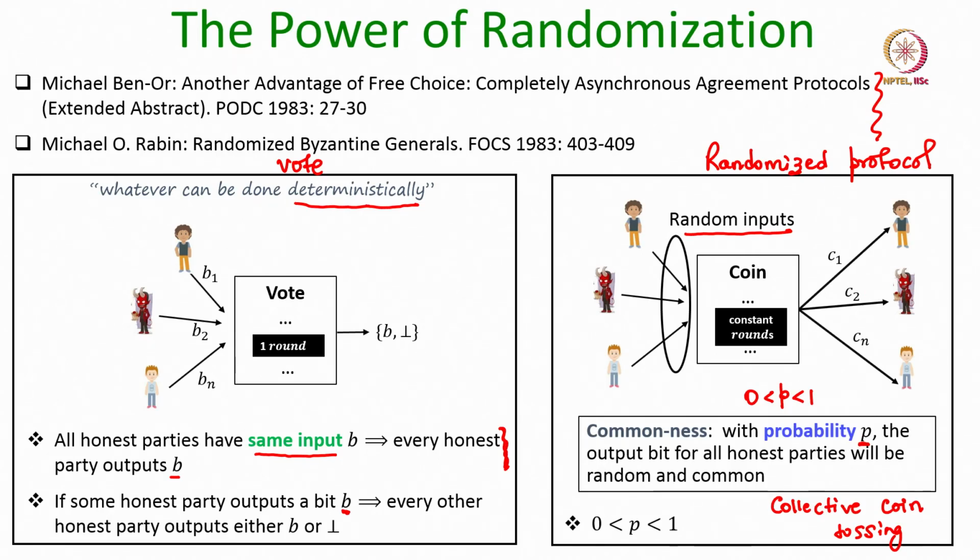So, this is like a distributed version of the regular coin tossing. In the regular coin tossing, we know that if we have an unbiased coin and if I toss it, with probability half it could be 0, and with probability half it could be 1.